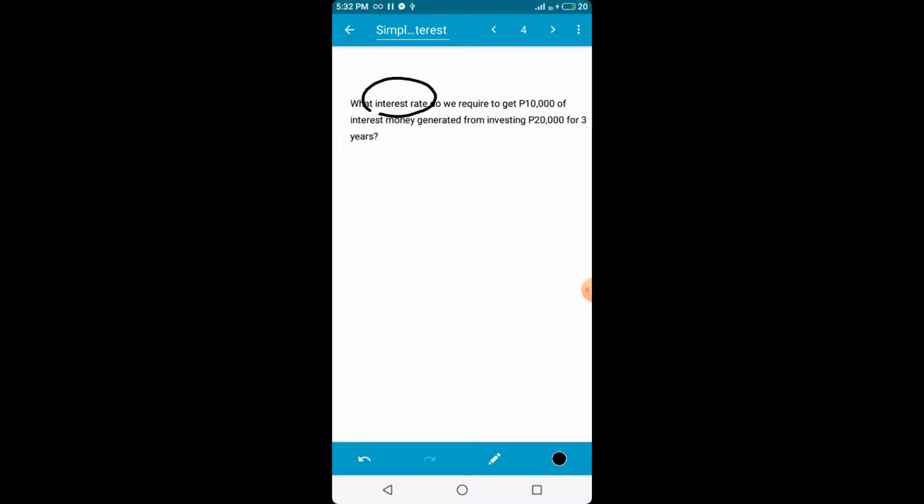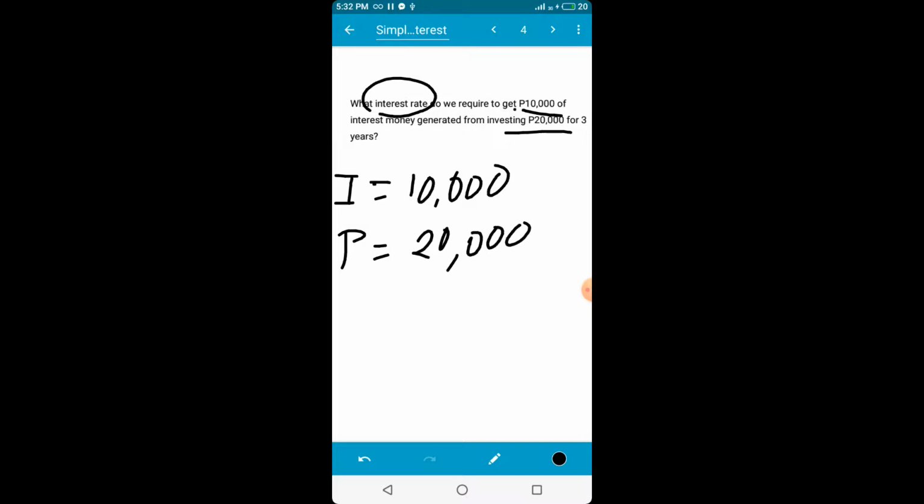Okay, so let's identify the given first. First, we have 10,000 interest amount. And then we have 20,000 invested, so that is the principal. And then the years, that is 3. So that is our time. Okay? So what we are looking for is the interest rate.